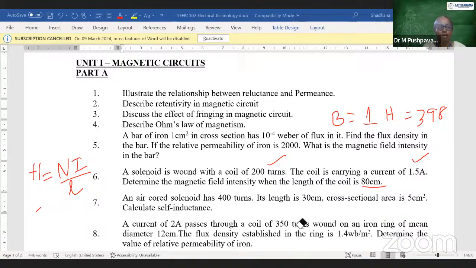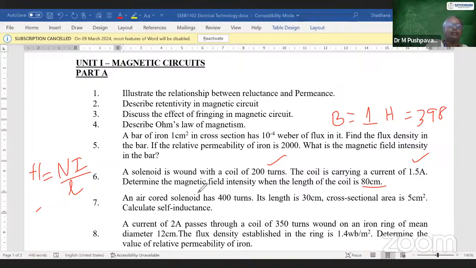Sixth problem. It's all 2 marks. That's why I first showed you the important formulas. H equal to Ni by L. Kindly tell me the answer for this. Yeah, Devadarshini, 375 ampere turns per meter. Yes, Akash also, 375 ampere turns per meter.